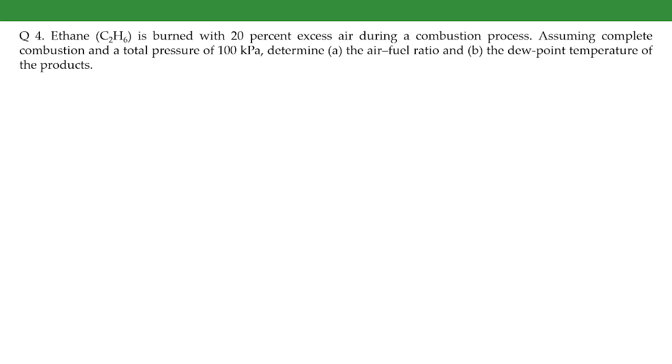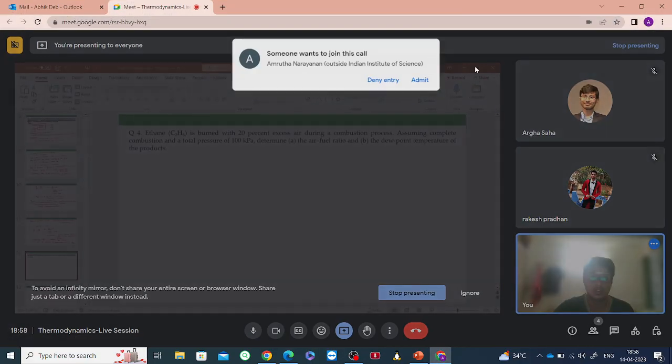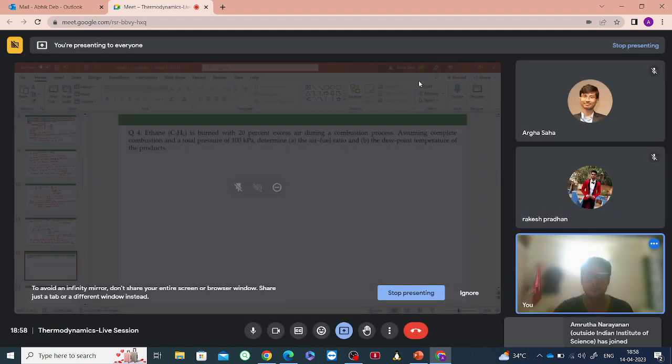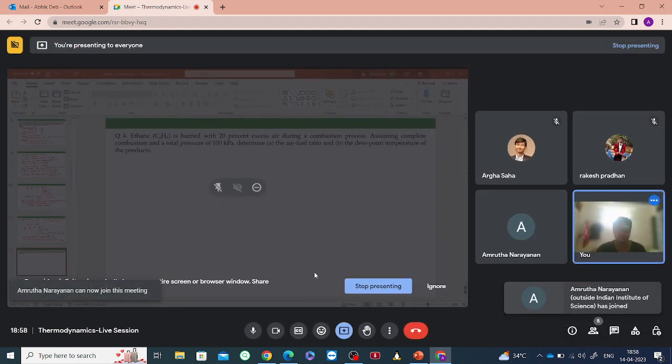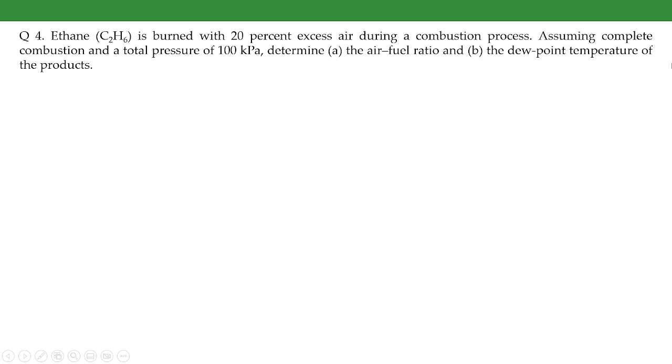Determine the air-fuel ratio and the dew point temperature of the products.